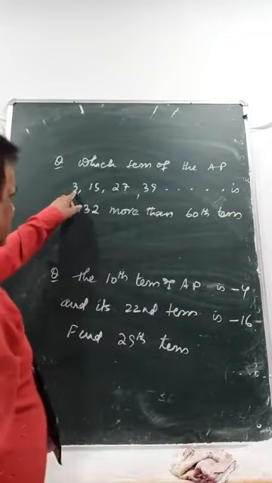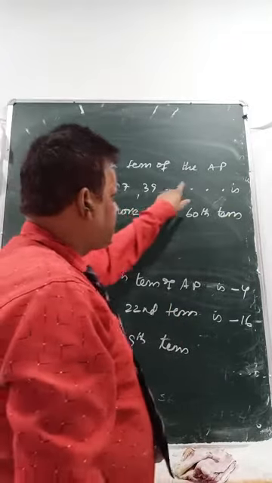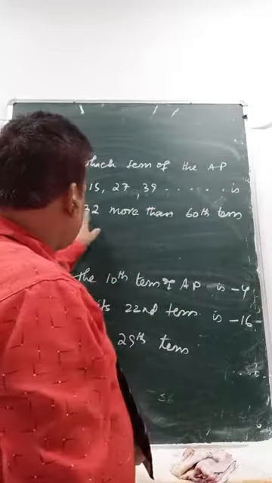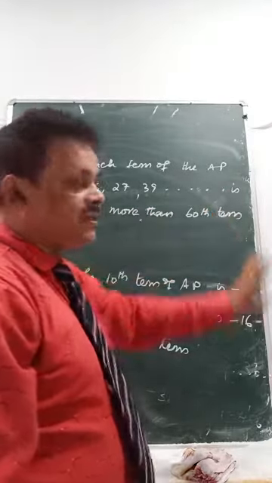The question is asked first, second, third, fourth, fifth, sixth like this. Which term is 132 more than 68th term?